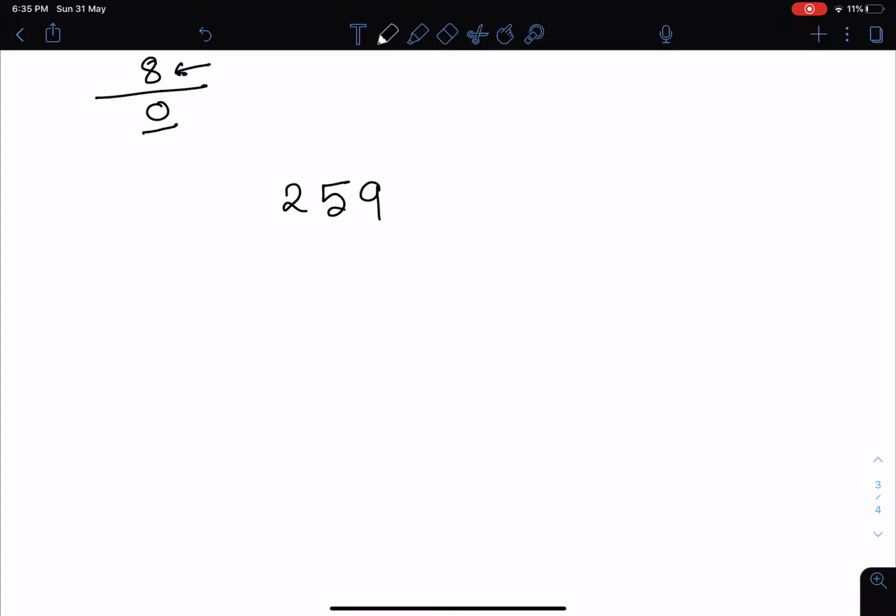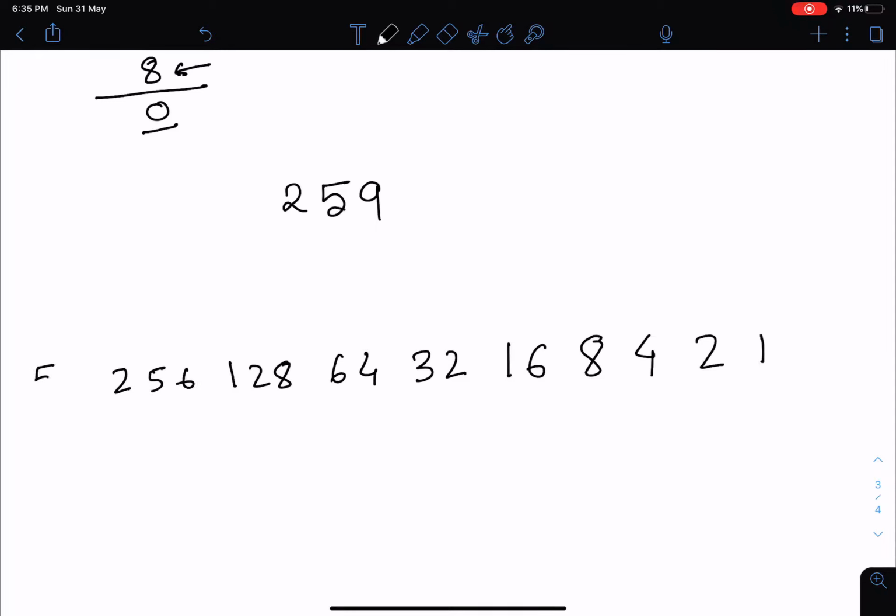259. Now what's the process? 1, 2, 4, 8, 16, 32, 64, 128, 256 and 512. In this series, 256 is the largest number we can subtract from the given number, so our resultant will be 3. We put 1 there.